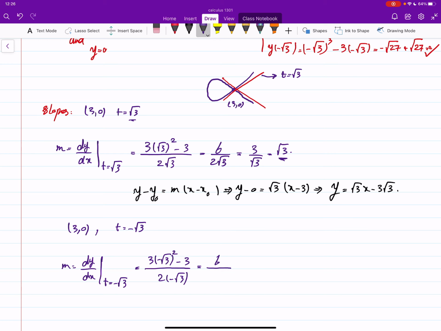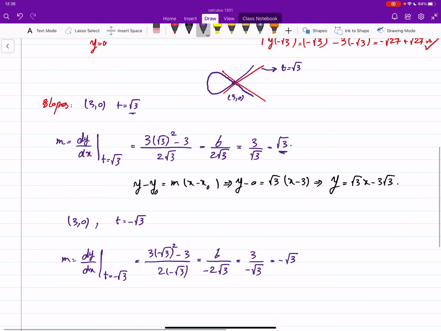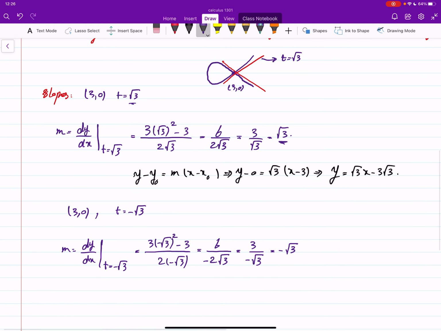That is 6 divided by negative 2 root 3, and this is 3 over negative root 3, and this is negative root 3. So for that value of t, the slope is negative.